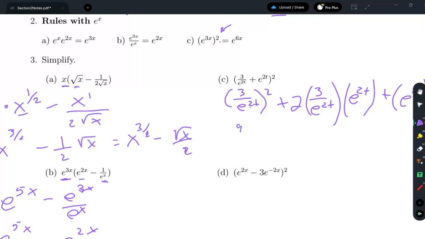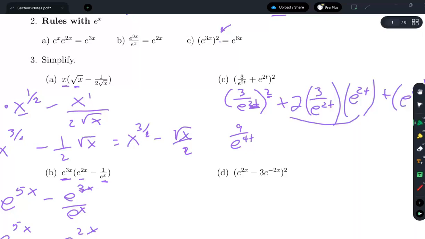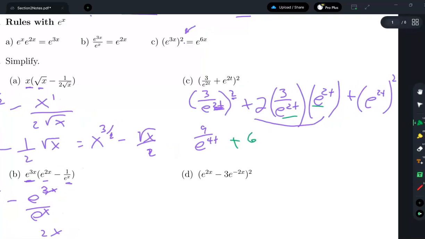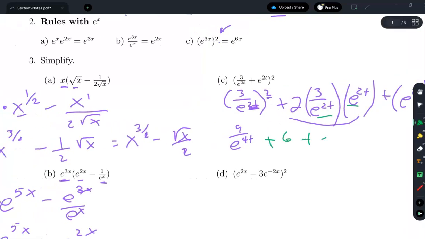And when I square this, I'm actually multiplying those terms. So I get e to the 4t. And then when I multiply all these together, you can see that these e to the 2t's cancel. And so I'm just left with 6. And then for this last term, I'm going to multiply these exponents. So I get a plus e to the 4t.